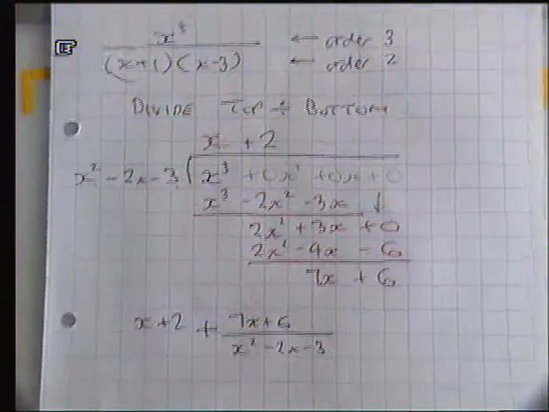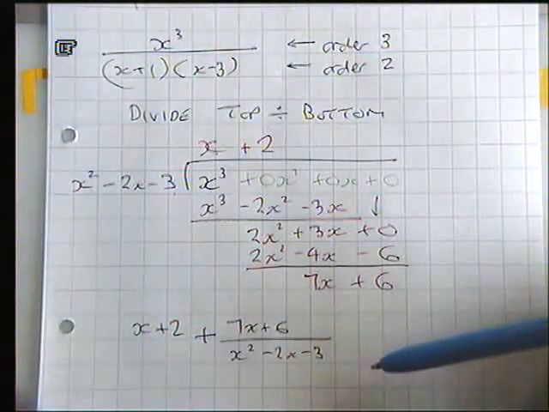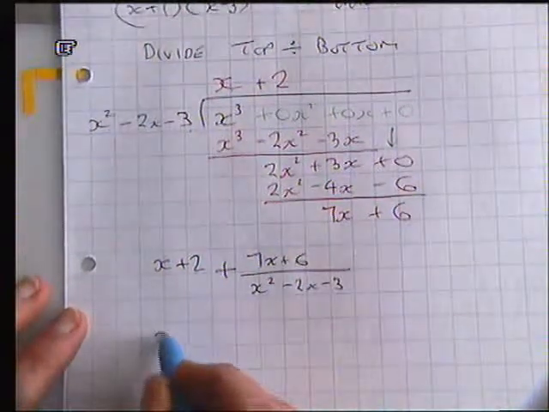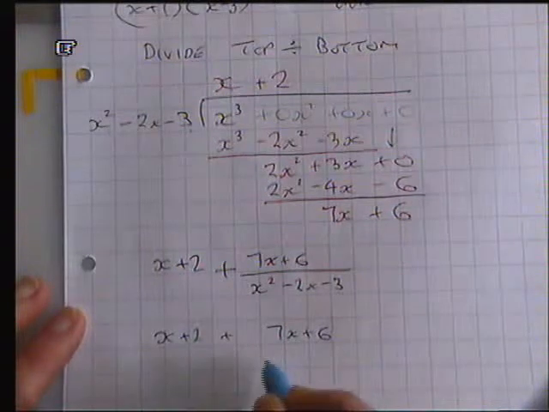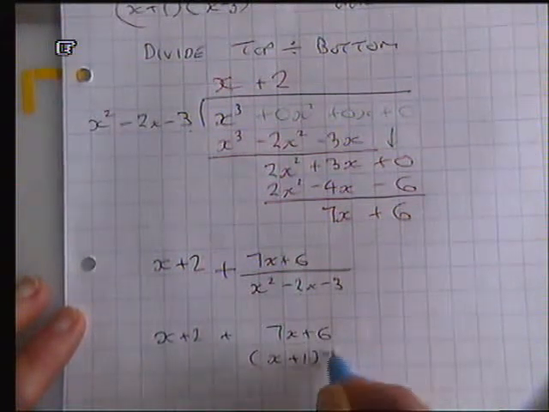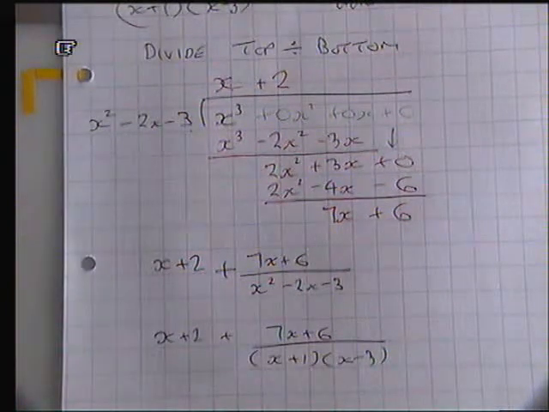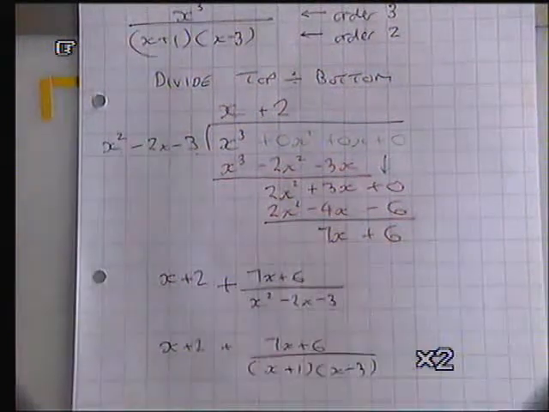So what I have now done, this thing here at the top of the board, I have rewritten like this. And I already know that this quadratic down here can be written as x plus 1 into x minus 3. Because that actually started off life like that before we multiply them together.